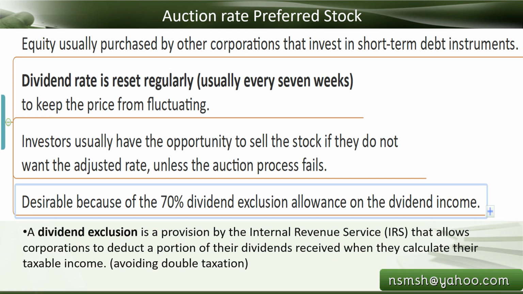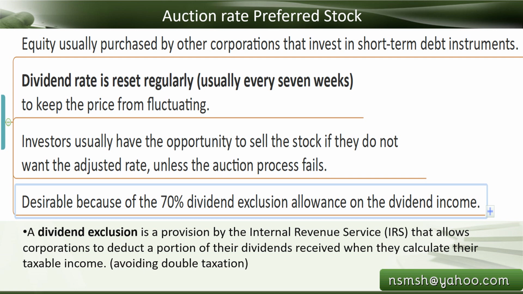The dividend rate is reset regularly, usually every 7 weeks, to keep the price from fluctuating, so there is a standard smoothing approach. Investors usually have the opportunity to sell the stock if they do not want the adjusted rate, unless the auction process fails.